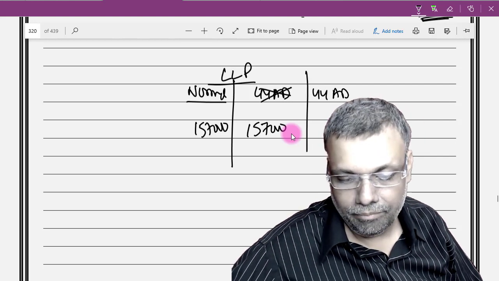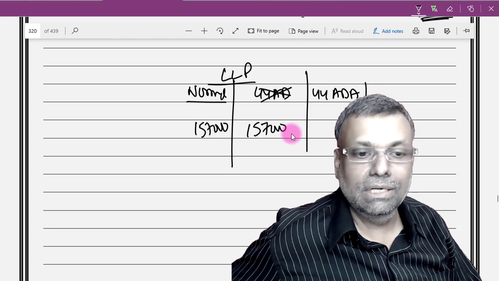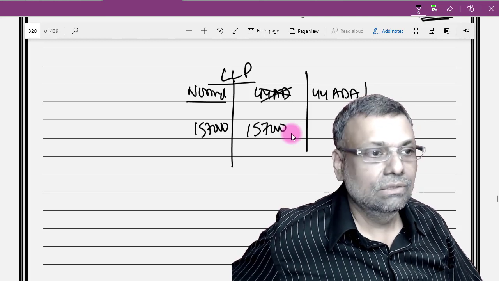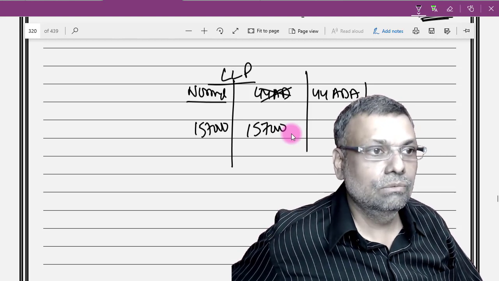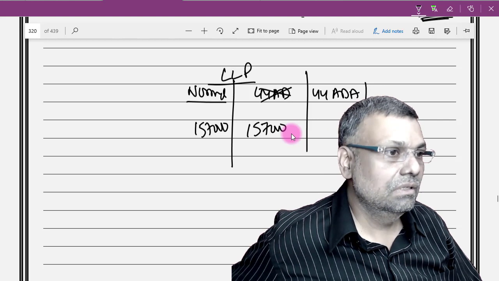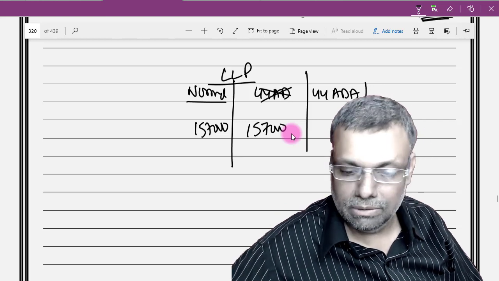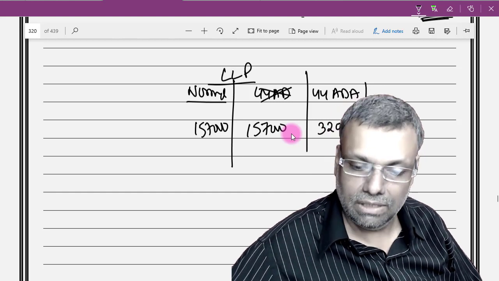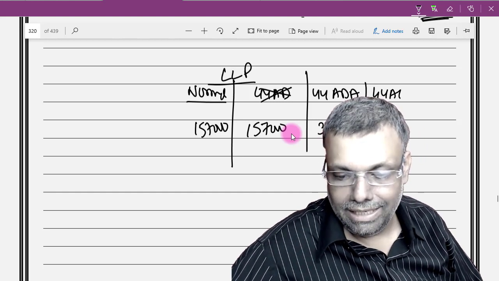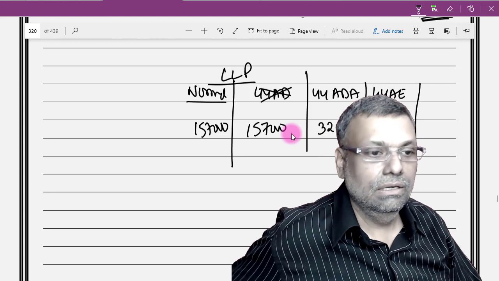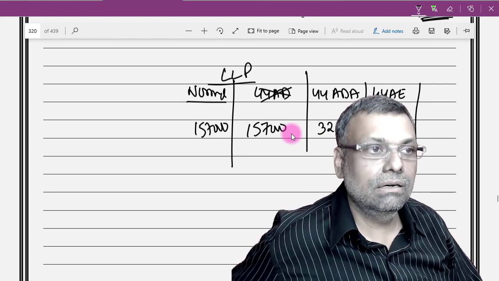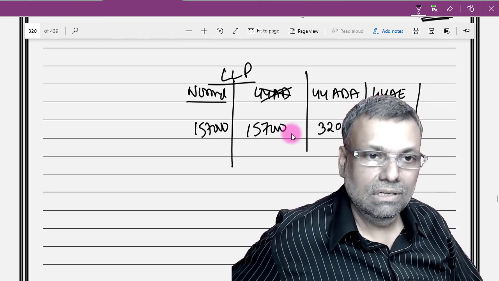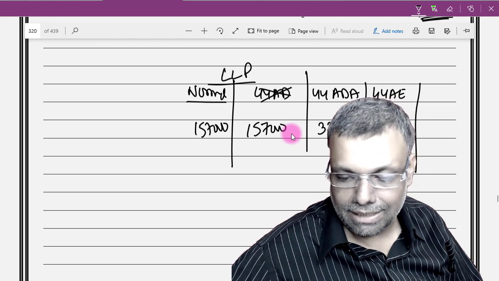44ADA, an LLP can be eligible, so there is nothing wrong. When it comes to the 44ADA provision, I can go with presumptive taxation, so my computation will be 3,20,000. And 44AE, again under 44AE provisions, I will be eligible for presumptive taxation.